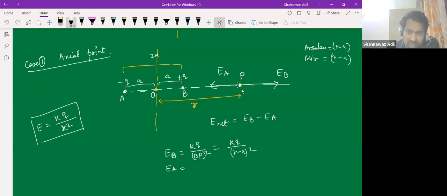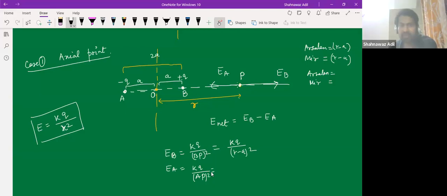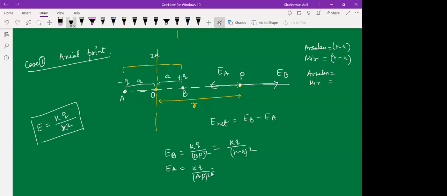Now you guys tell me what is AP. Both of you tell me now what is AP. R minus 2A? Are we subtracting or are we adding? Okay.